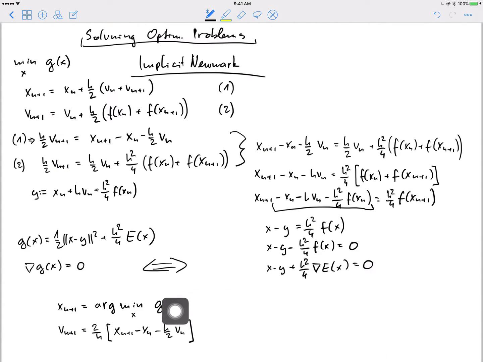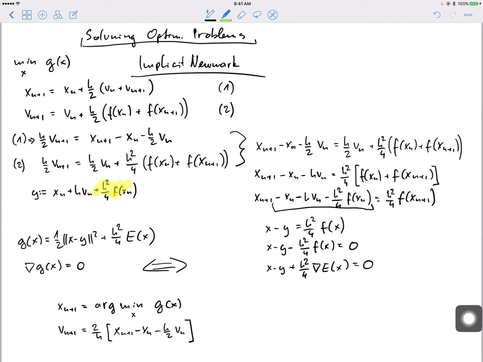And notice, if you remember what we talked about before, for backward Euler, the optimization problem we got was almost the same. Almost. What were the differences? Do you remember? So this optimization problem, this g, corresponds to implicit Newmark. In the last lecture, we had the g that corresponded to backward Euler, right? And they were kind of similar, but not exactly. There are some subtle differences. The one subtle difference is this y, right?